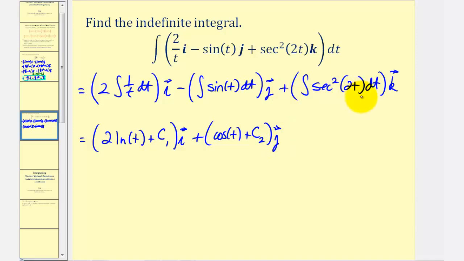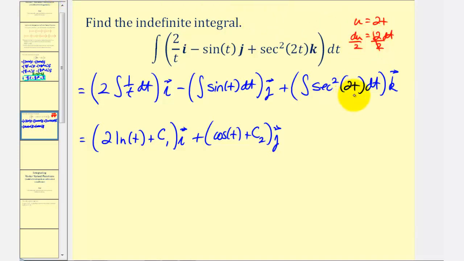And now for this last integral, we'll have to perform u substitution, where the inner function 2t will be u. So if u is equal to 2t, differential u is equal to 2 dt, dividing both sides by 2. Notice how dt is equal to 1/2 du.